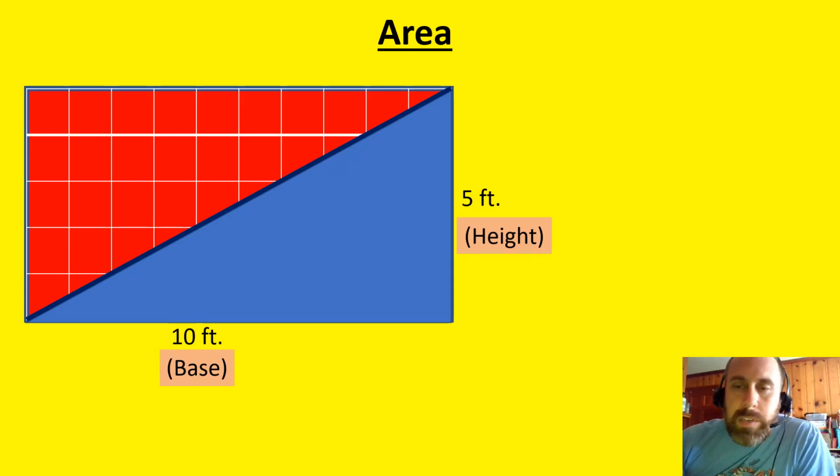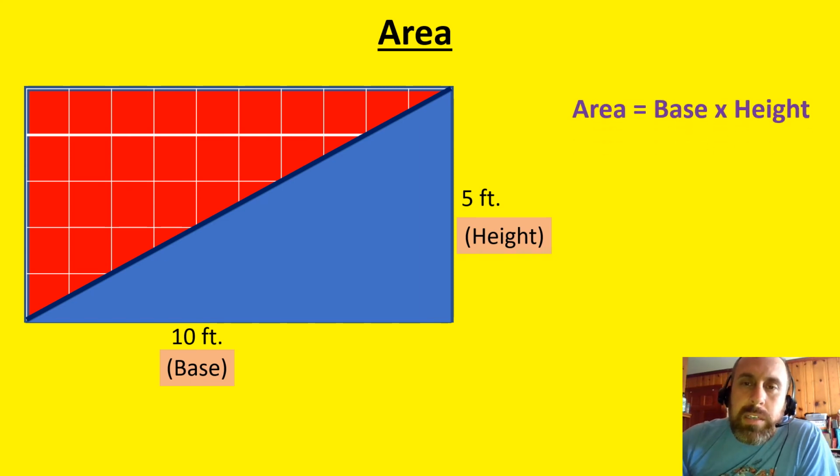Now this is the most complicated part of this part 1 here. When we're dealing with the area of a rectangle or square, we just do length times width. But as you can see, we don't have a length and a width for a triangle. We have a base and a height. Well, it's going to be very similar. To find the area, we're going to take base times height. So in this case, it's going to be 10 times 5, and we're going to cut it in half.